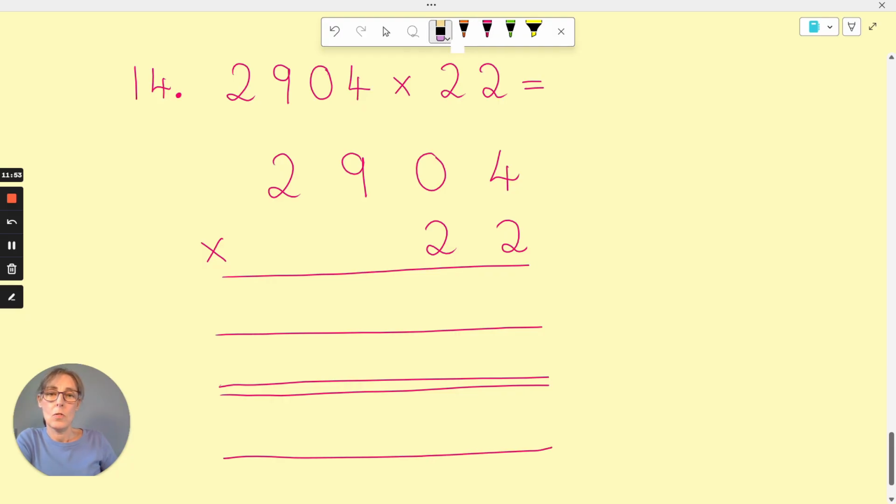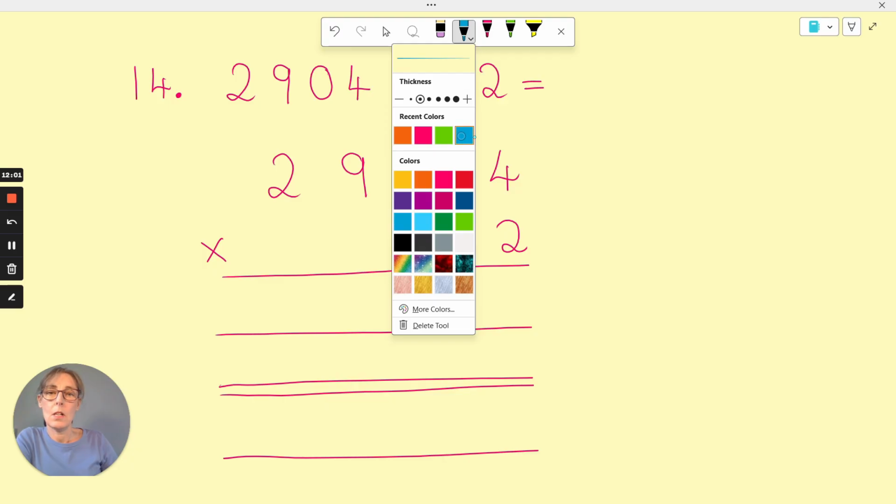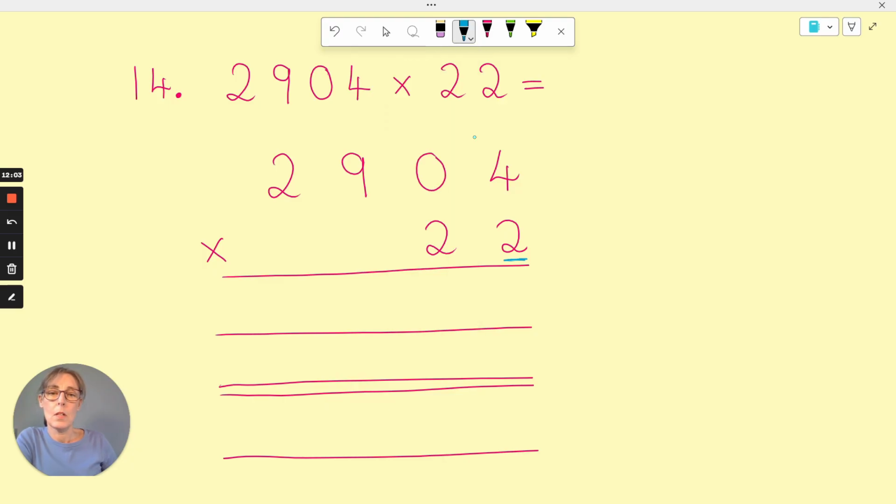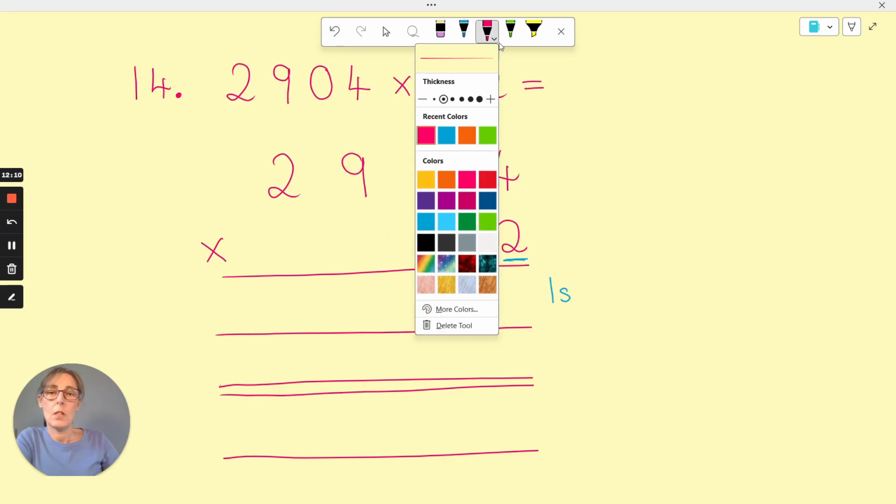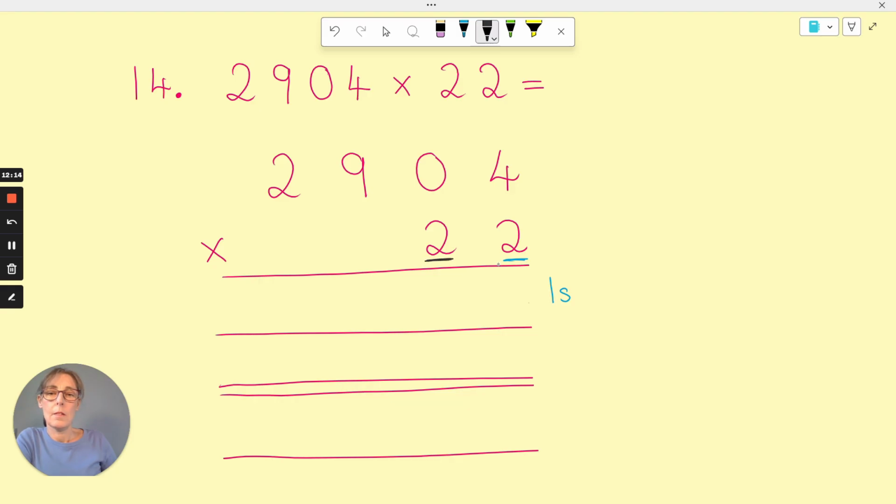Okay. So that's a bit close to the colour. Let's go blue for that one, and they're the ones. And let's choose a different colour here. Let's go grey here. And that's the tens.